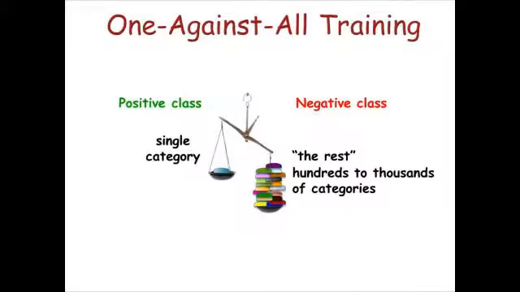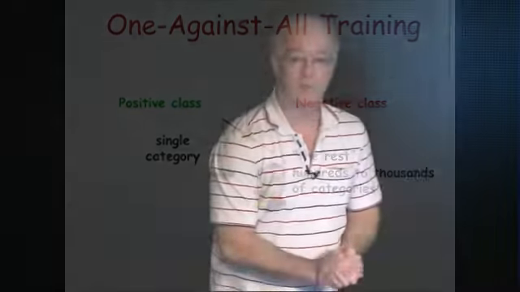So this is work, some of which was presented at the last ECCV in Florence. And what we want to do is image classification. The basic problem is that you have a positive class, which is usually very small, and a negative class, which is huge.